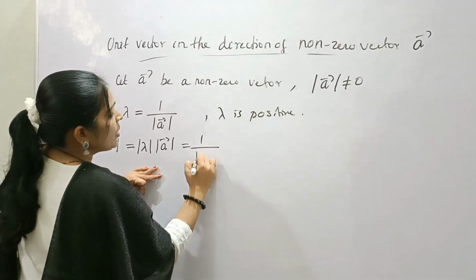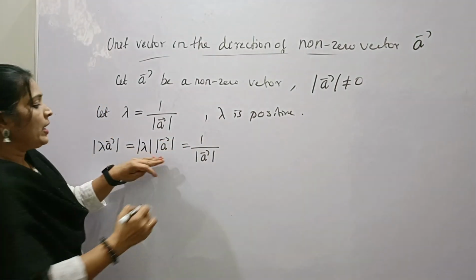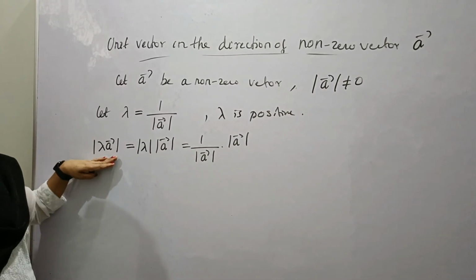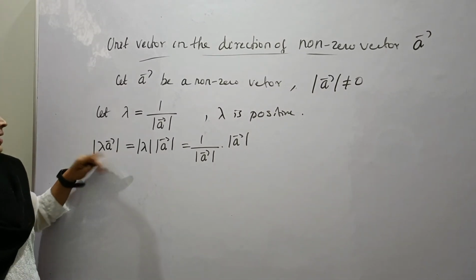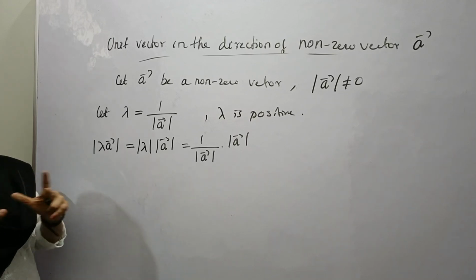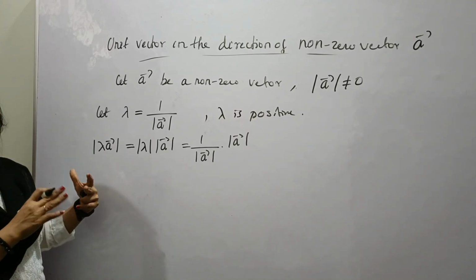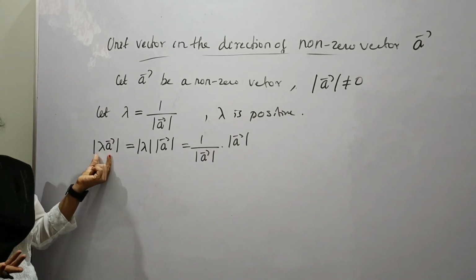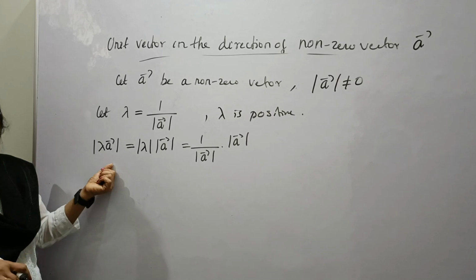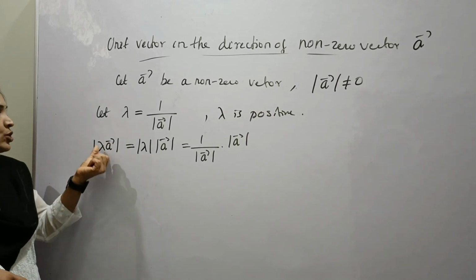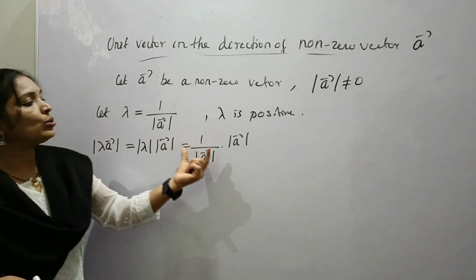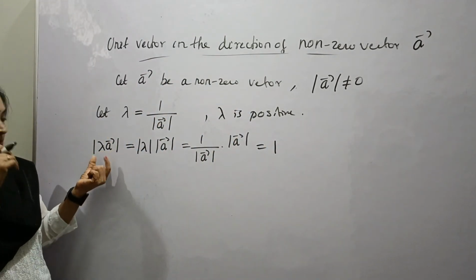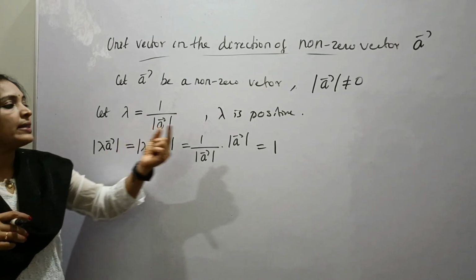That is 1 by modulus of vector A into modulus of vector A. Lambda into vector A is a scalar multiplication of a vector; lambda is a scalar and vector A is any vector. So lambda into vector A is also a vector, and its magnitude, modulus of lambda into vector A, is equal to 1.